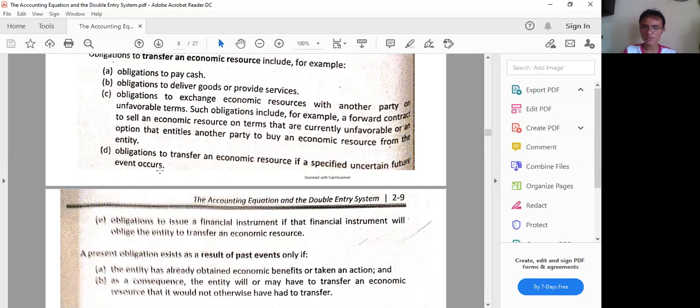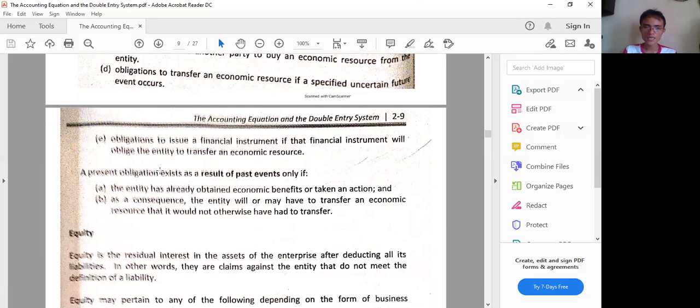We'll not discuss that here, but clearly there's a form of settlement of economic resources. It should be a result of past events only. For example, we bought certain supplies or assets in the past and did not pay yet. That's a past event.